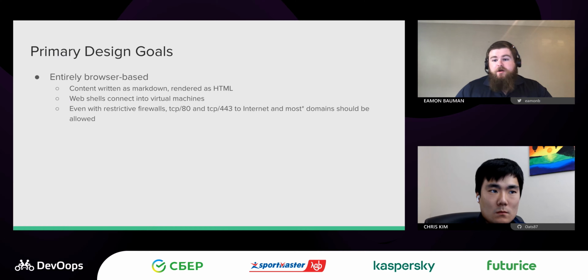Even with restrictive firewalls, it is expected that ports TCP 80 and TCP 443 are generally allowed out to the internet. Our experience was that even in restrictive firewall sessions, such as with a Zscaler or Zone Alarm, those ports were generally available to the internet, and most domains should be allowed. You see most with a little asterisk next to it.